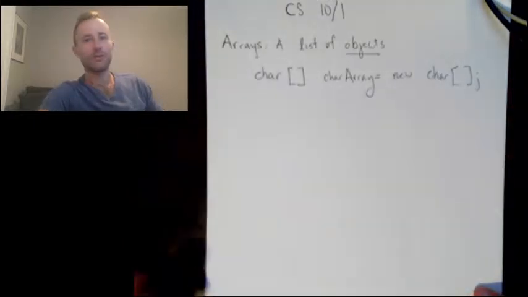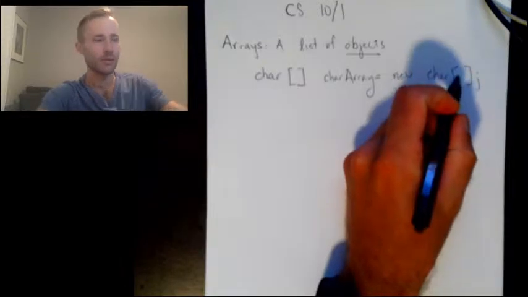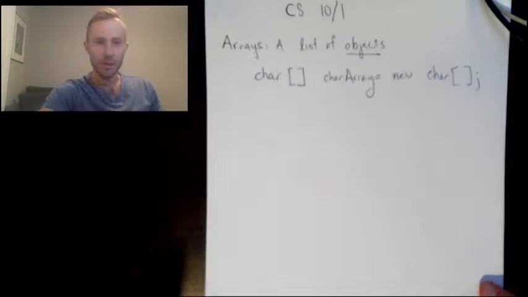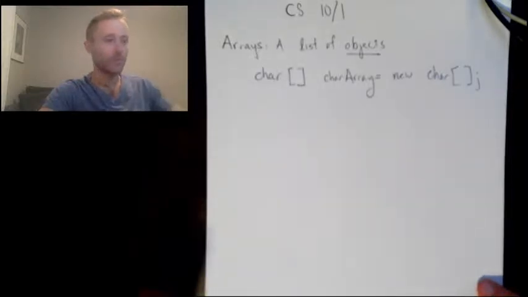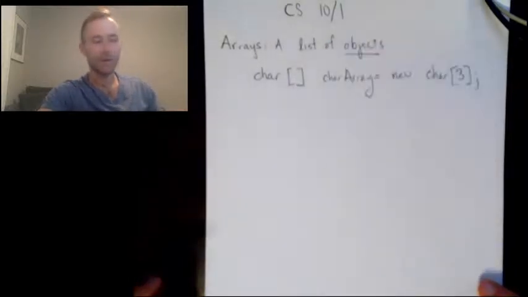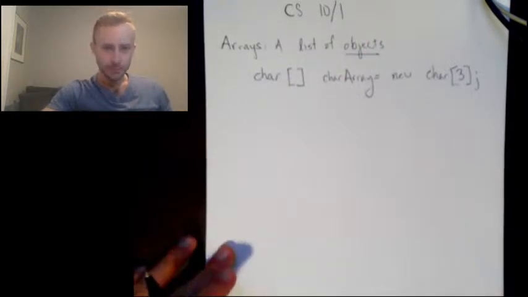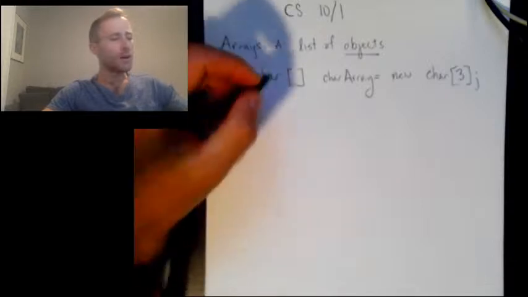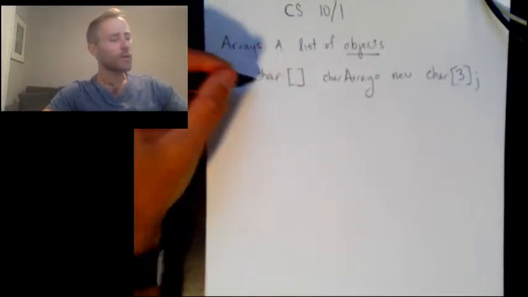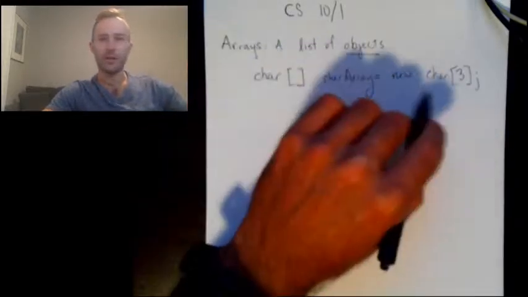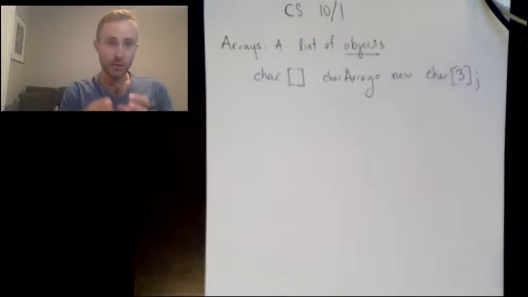So right here you have to put how many characters are in that array. So maybe I want to create an array with 3 characters in it. Okay, so that's going to create an array with 3 characters. Now the values of those 3 characters are not set yet.